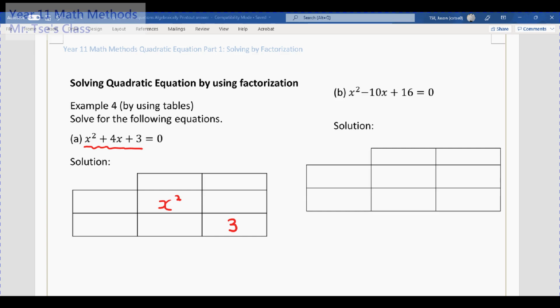The obvious answer, they must be x and x. I think 90% of the cases would be just that simple. You have x and x. The more challenging part is you need to get something multiplied together to get plus 3. So the obvious choice is plus 3 times plus 1, right?